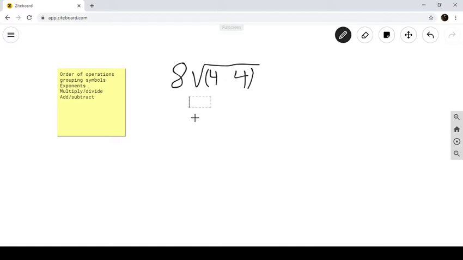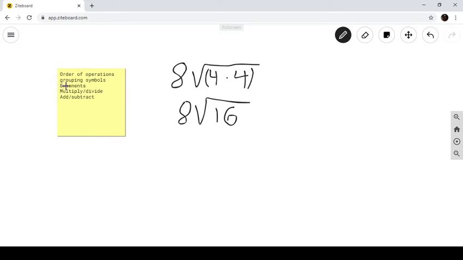So we will rewrite, oops. Eight square roots of, again, 4 times 4 is 16. Okay, so we've done our grouping symbols.